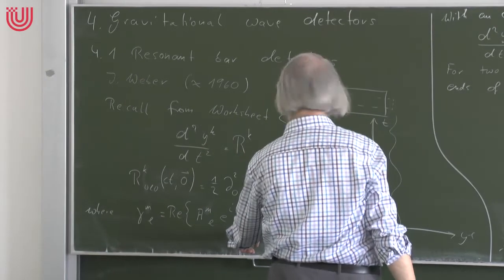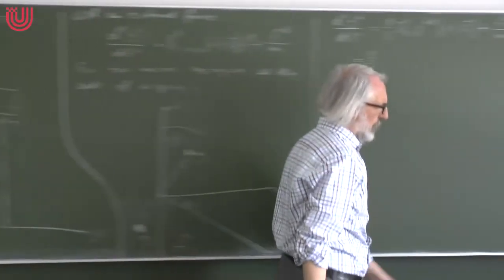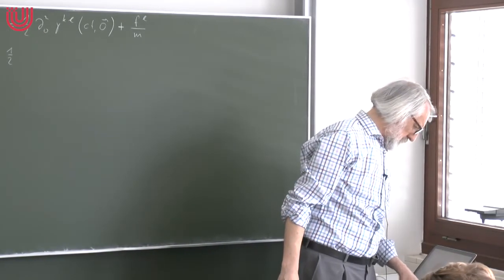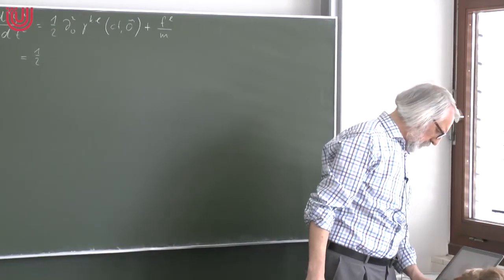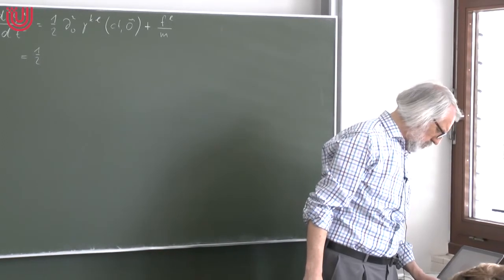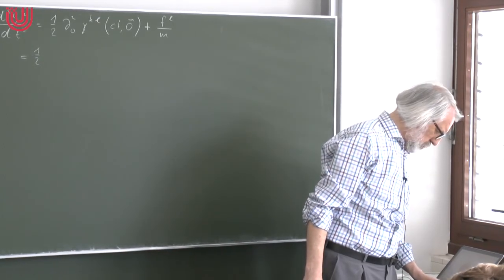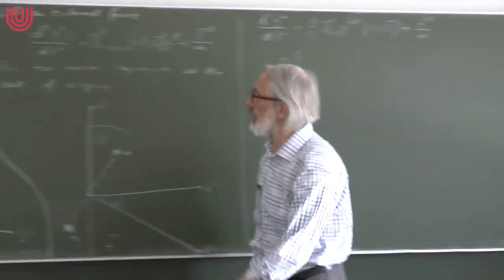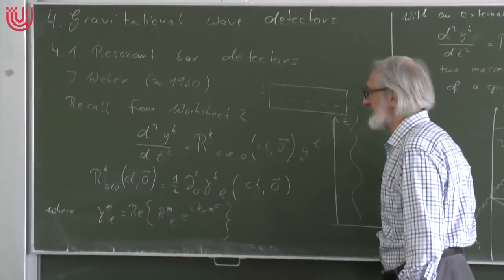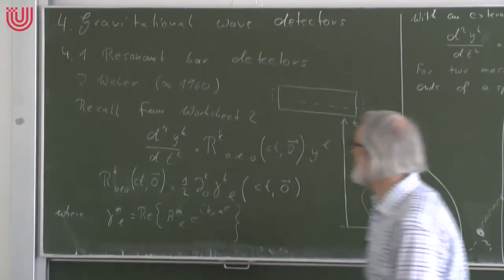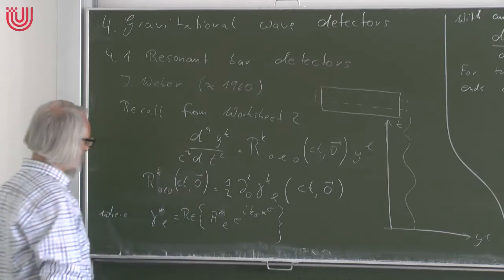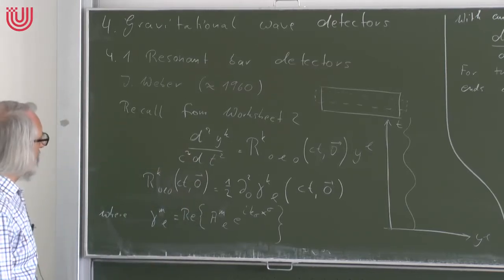I have to differentiate this twice with respect to x naught, which is c squared times, is the c squared correct? Let me check. Sorry, I forgot the c squared in the differential equation. I remember that when we did the exercise, we also had problems with the c squared. So it's a derivative with respect to x naught squared.